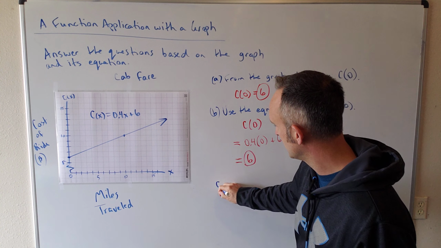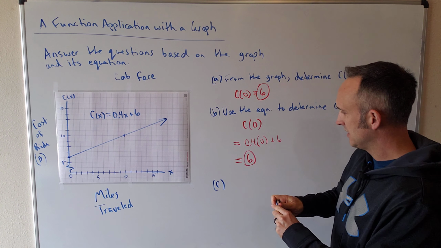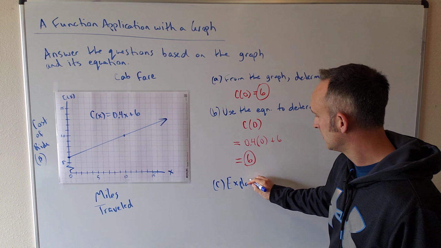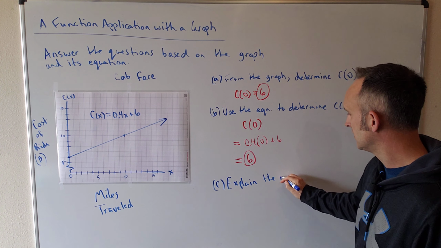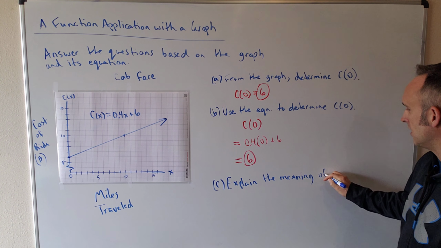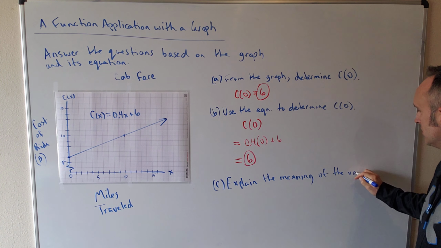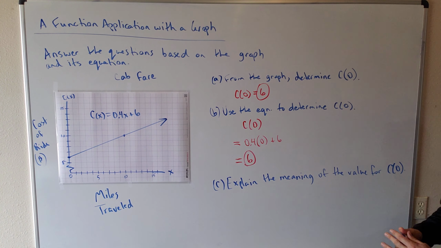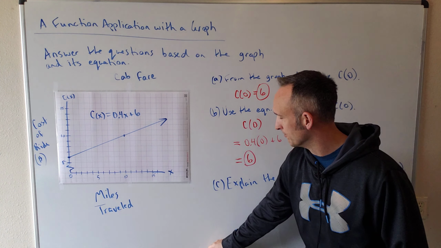Part C. Explain the meaning of the value for C of 0. So what is that saying?